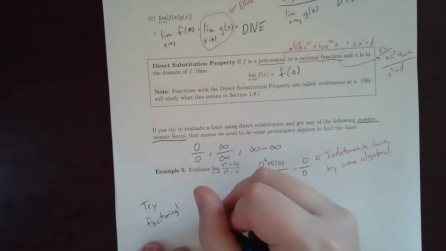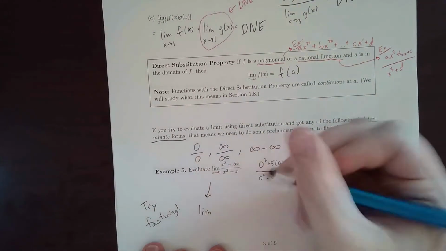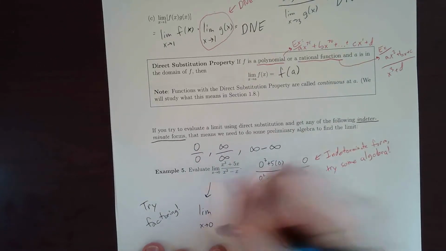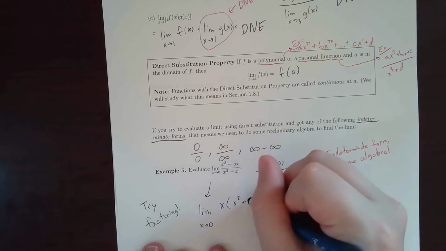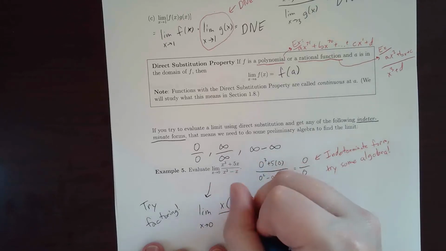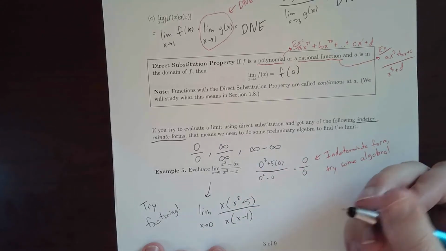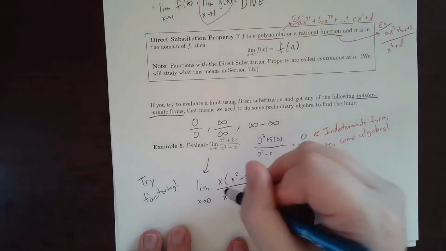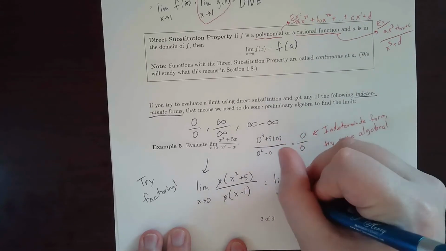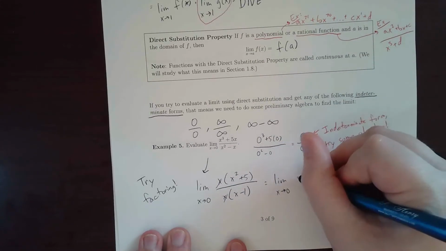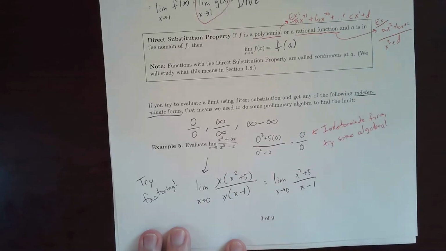So when we do this, what we'll get is this is the same thing as the limit as x approaches 0 of x times x squared plus 5 divided by x times x minus 1. And so when we do this, we'll see that the x's will cancel, and we'll get the limit as x approaches 0 of x squared plus 5 over x minus 1.